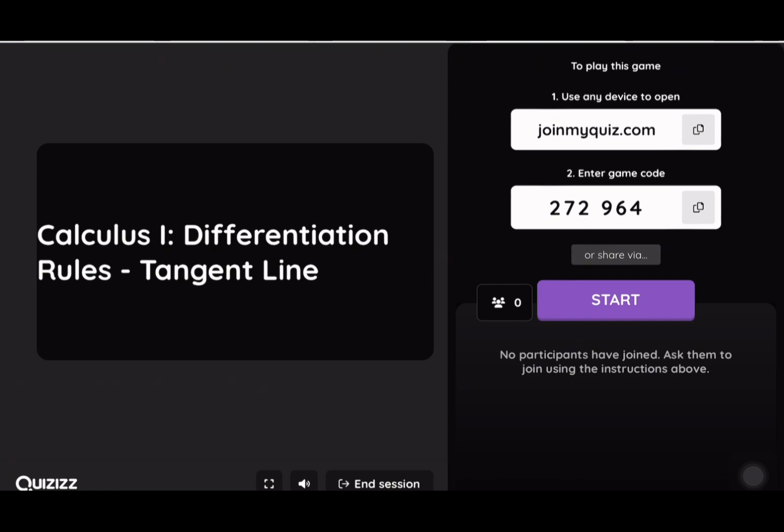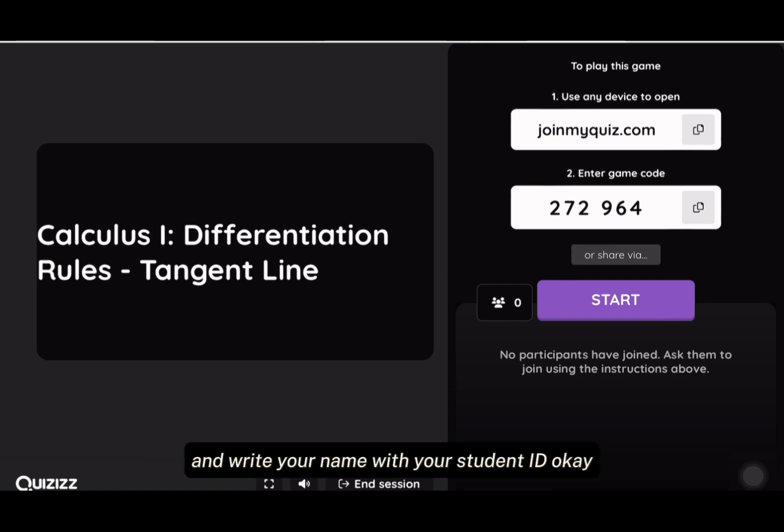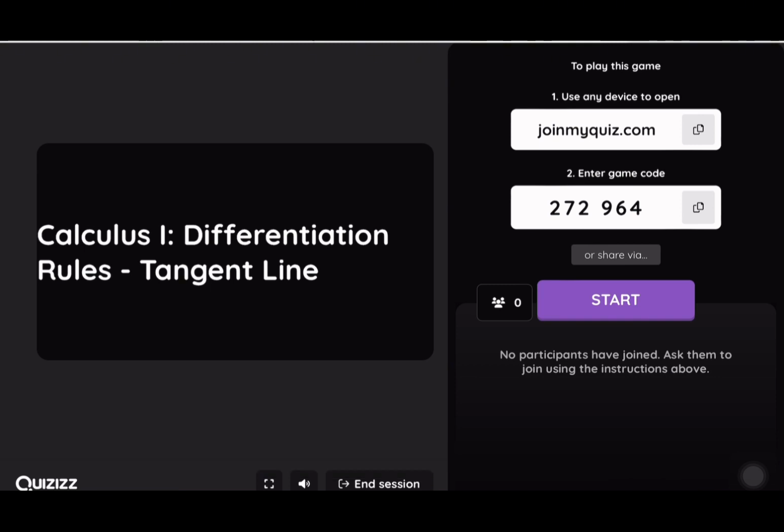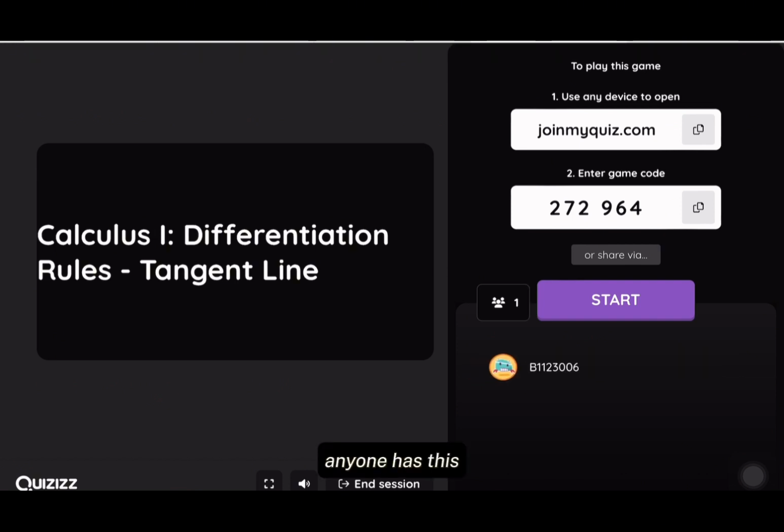Use the website and write your name with your student ID.